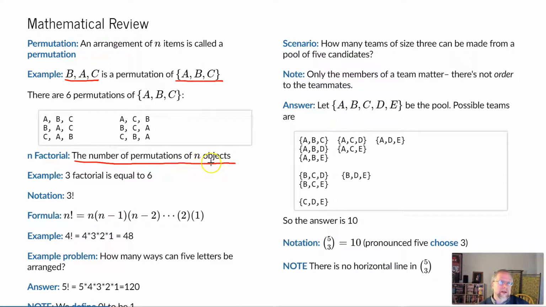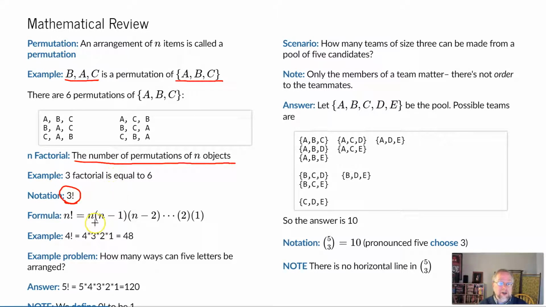And if somebody said, how many permutations are there of 10 objects, in the back of your head, you would say 10 factorial. So that's like the first idea, right? Anytime you hear the word factorial, you are counting arrangements in some way. So, to denote that something is a factorial, we just follow it with an exclamation point. So you don't read that as 3 exclamation point, you read that as 3 factorial.